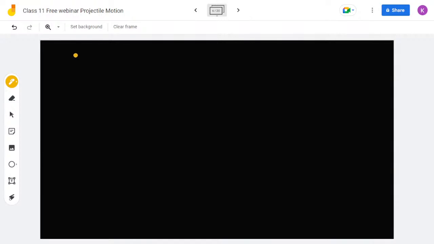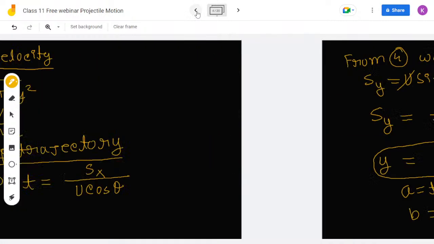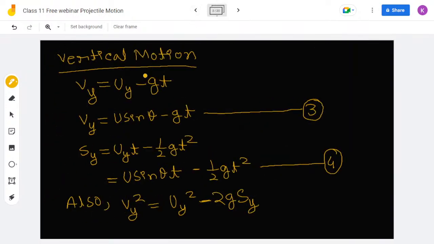The next thing that we need to determine is the maximum height reached for a projectile motion. For this, let's go to the vertical motion.